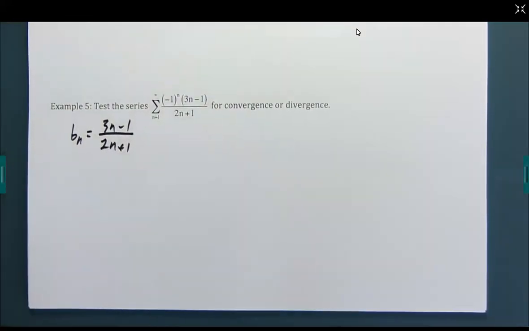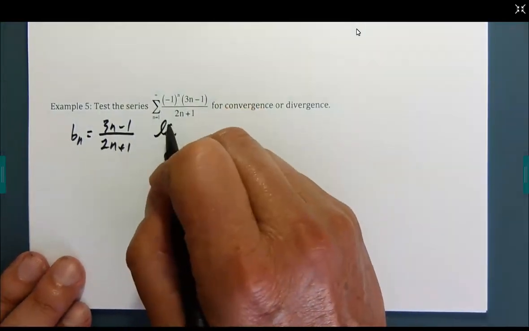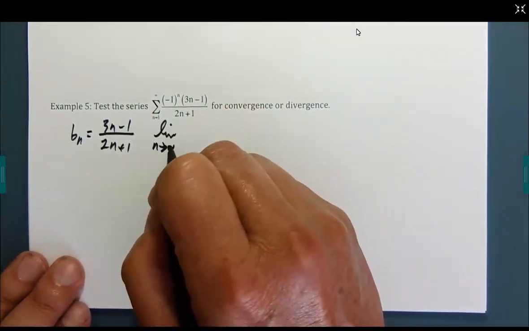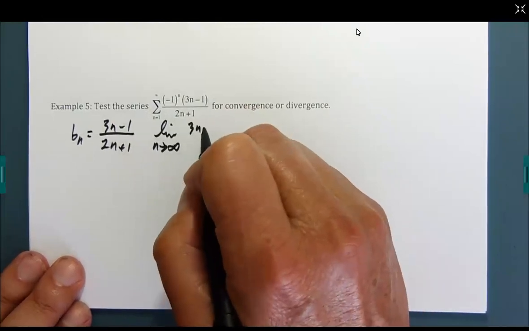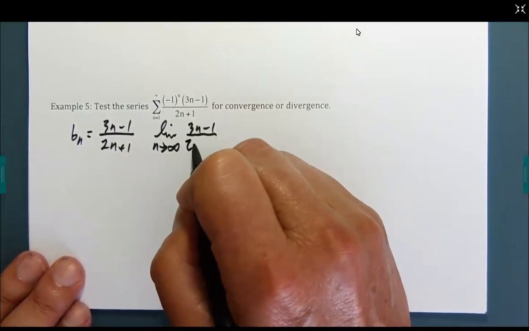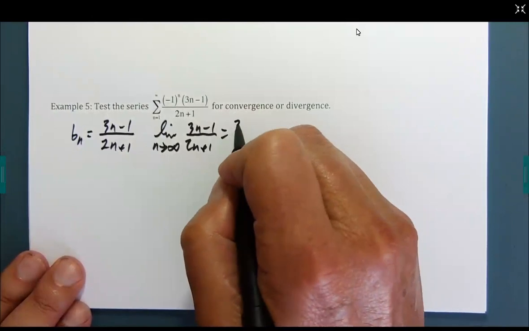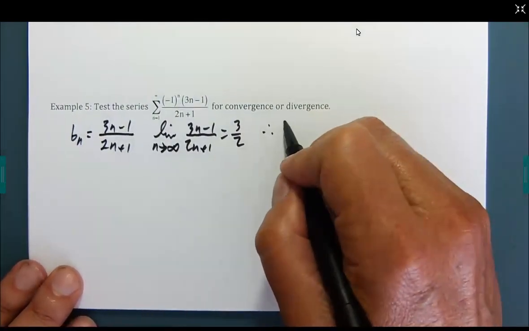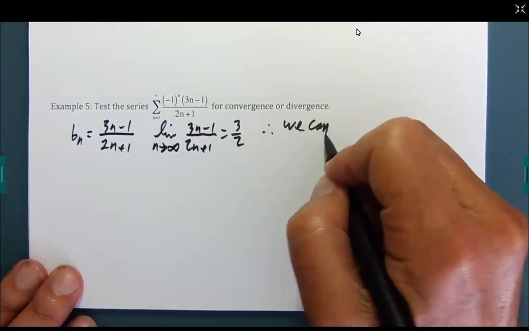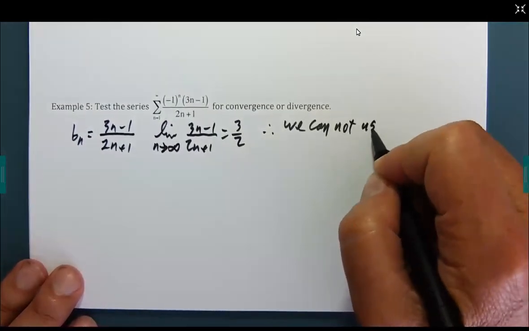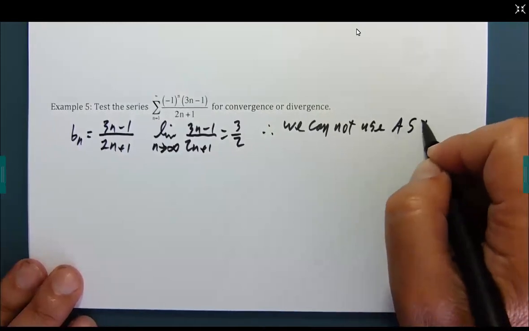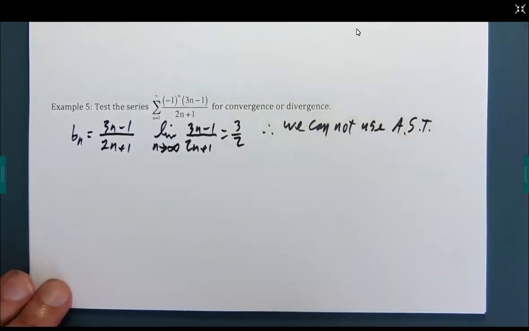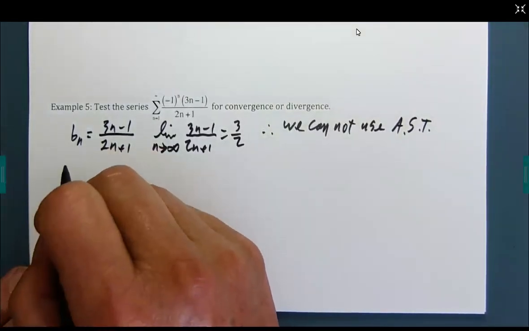And I can see that that limit does not go to 0. So we cannot use the alternating series test. But once again, test for divergence comes to the rescue.